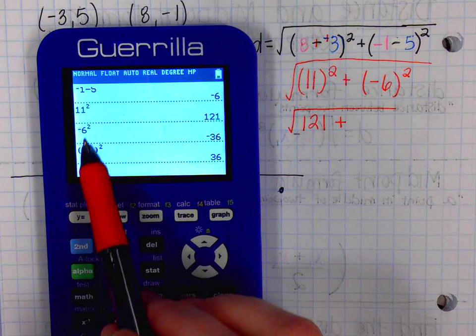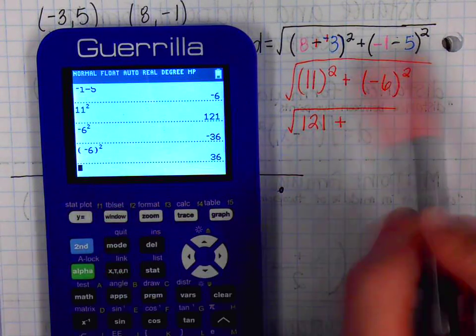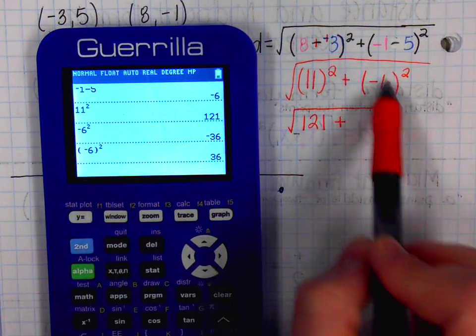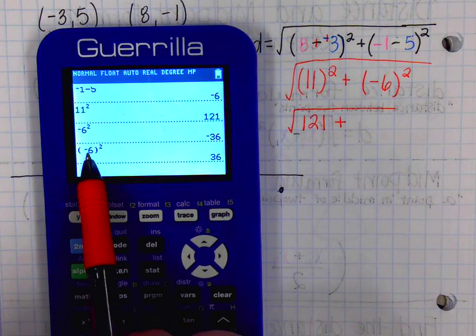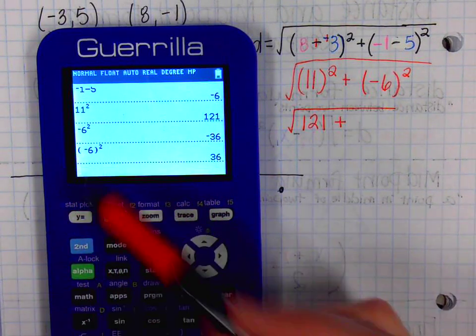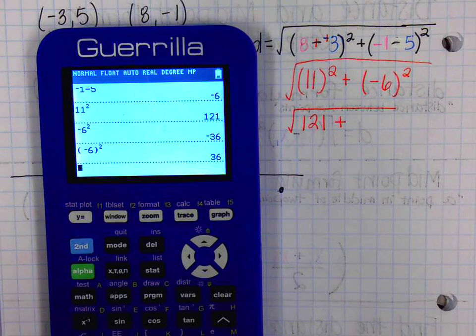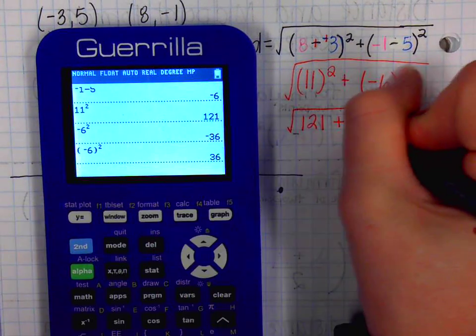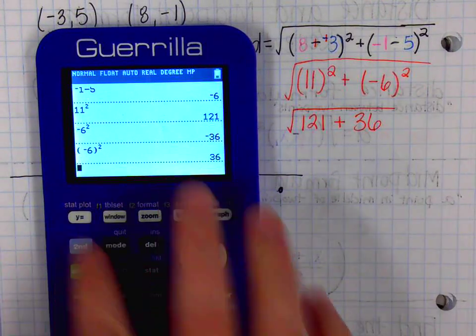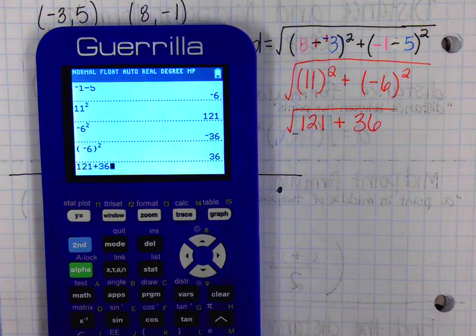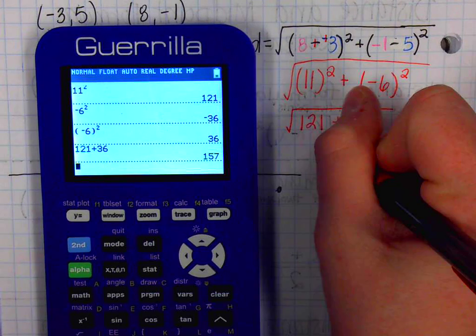But when you do this, all of that is in parentheses. So the -6 should be in parentheses because you should be telling the calculator, I'm squaring a -6. Remember, a negative times a negative is a positive 36. So then we'll add 121 plus 36, get 157.